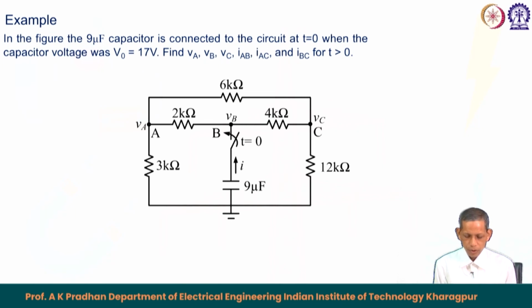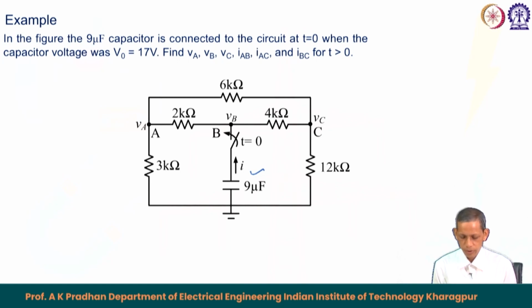This is an example. The circuit shows the different values, and we have a capacitor here, 9 microfarad, which is switched on at t equals 0 to the rest of the circuit, which happens to be a resistive circuit. The question is: in the figure the 9 microfarad capacitor is connected to the circuit at t equals 0, when the capacitor voltage V naught equals 17 volt, the initial voltage of the capacitor.